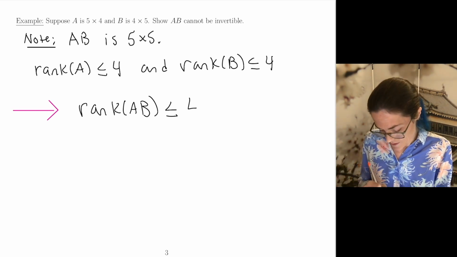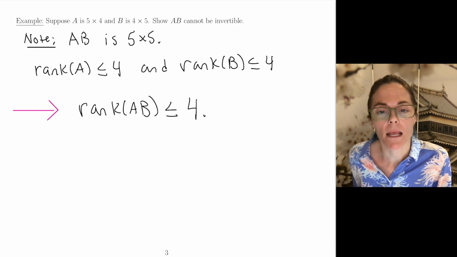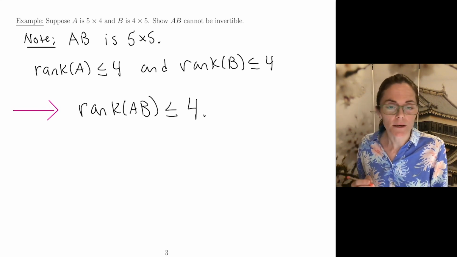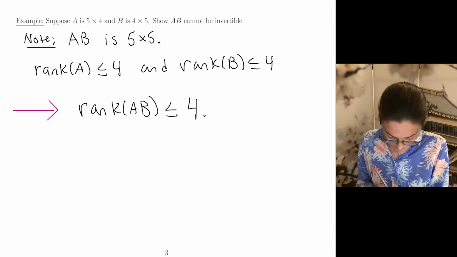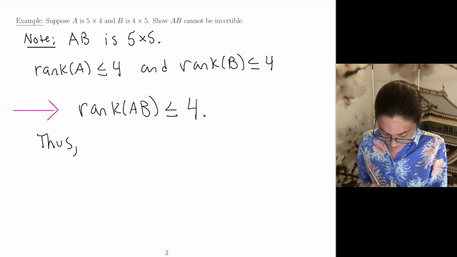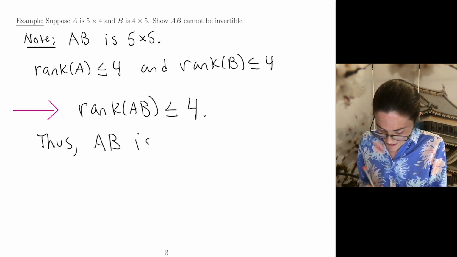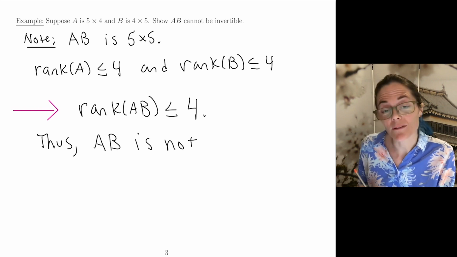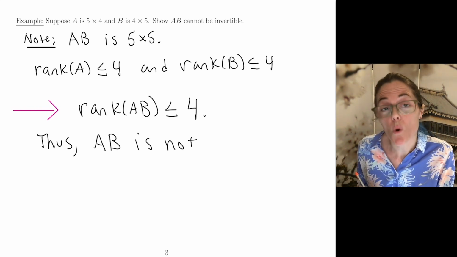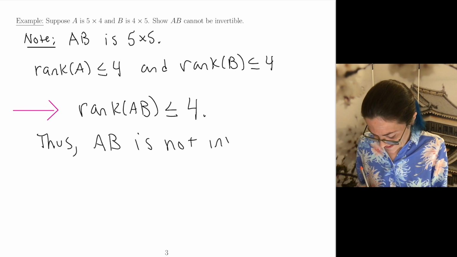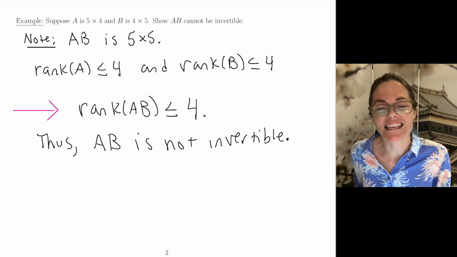So the smallest of the two, for instance, which is 4. And in particular, that says that AB is not invertible because we know a 5x5 invertible matrix will have rank 5. And this is the end of this example.